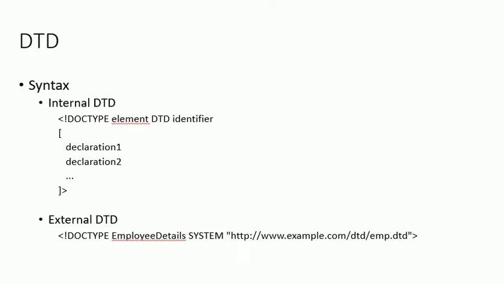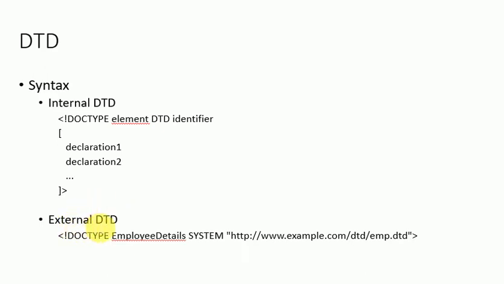Here is the syntax of an internal DTD. Here we begin with the DOCTYPE identifier, or the doc type delimiter, followed by a square bracket and then the declarations.